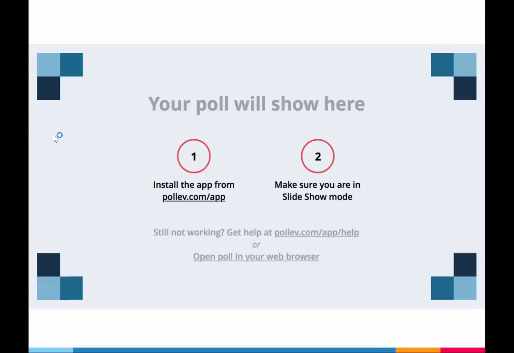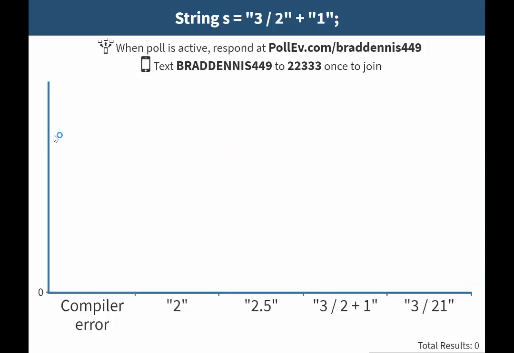Look at this next one. We have a string. String s is equal to the string 3 divided by 2 plus the string 1. Raise your hand if you think this will get a compiler error. Nobody? Raise your hand if you think this will be the string 2.